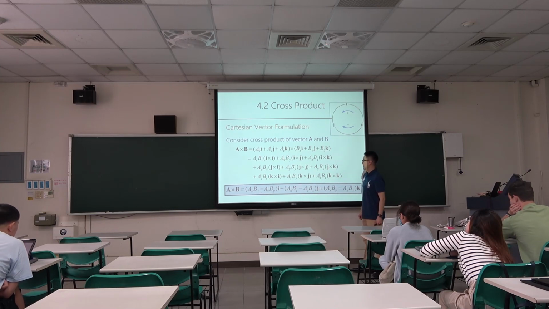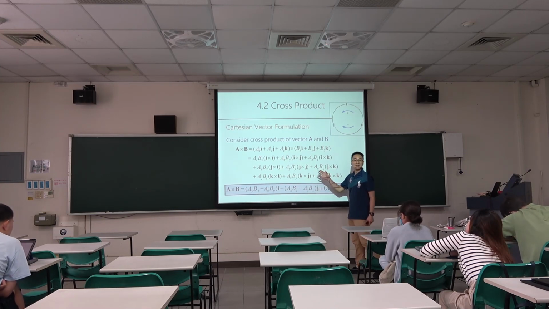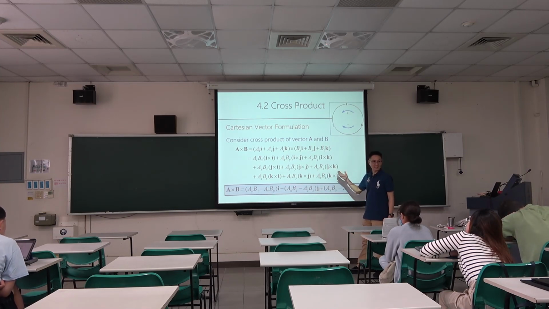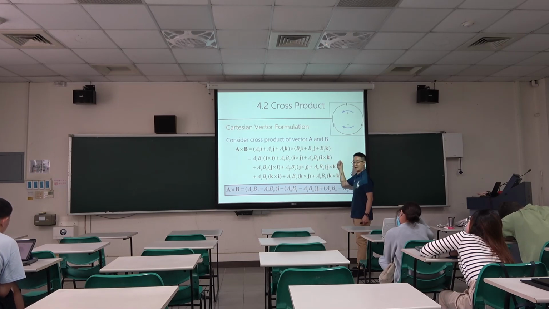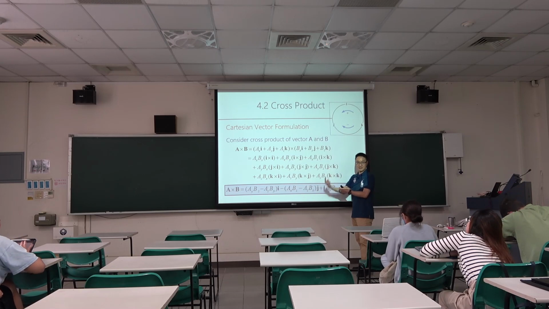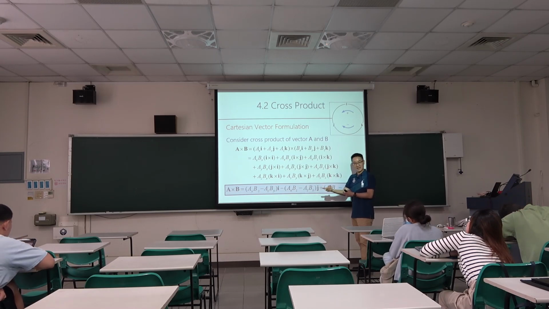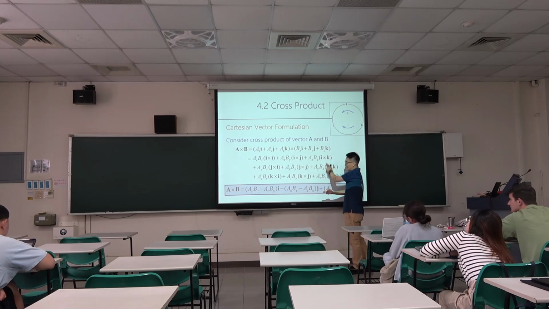Okay, then for the J component, it comes from I and K. So look at the first line, I cross K. I is this direction, K is this direction. So I cross K is negative. So this part gives negative.